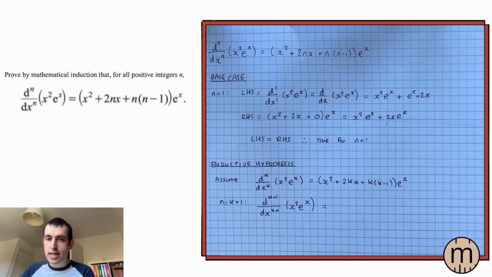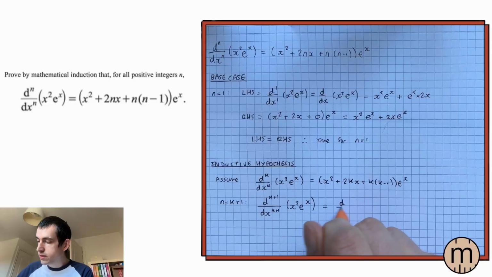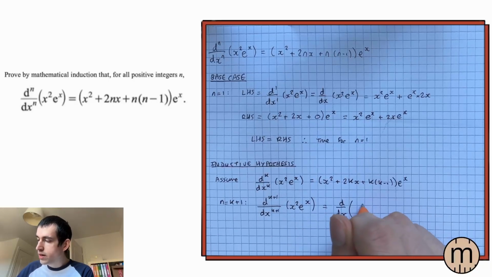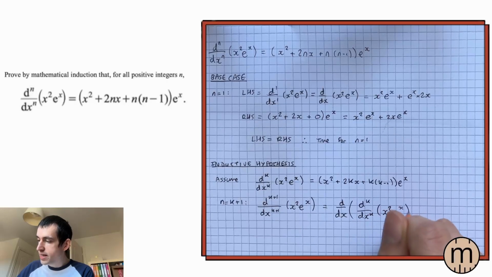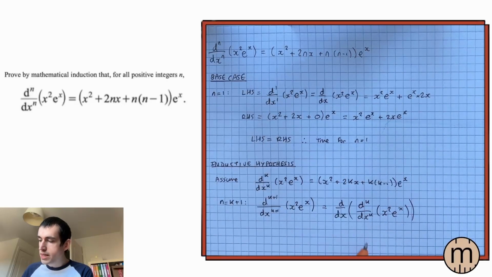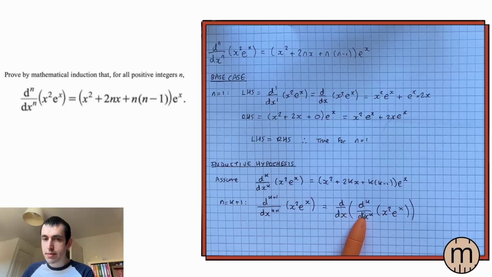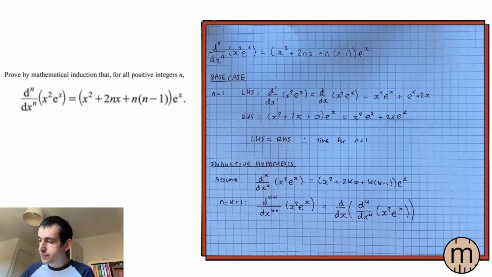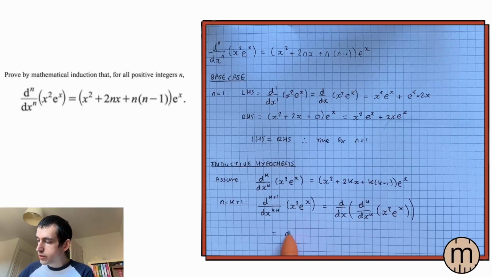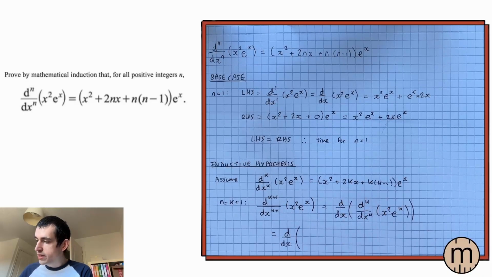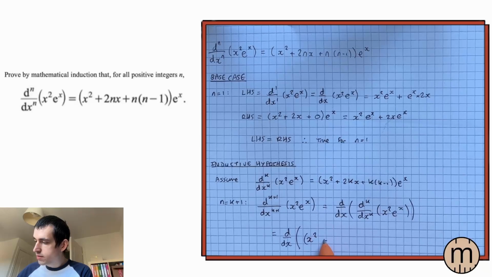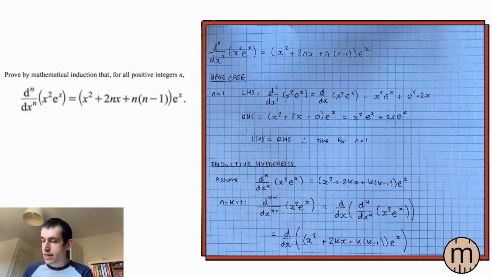And you've got to see this as you are taking the derivative of the kth derivative of x squared e to the x. You might see now why we wrote this as k, because these two are exactly the same. So this will be equal to the derivative of, big bracket please, all of this. So x squared plus 2kx plus k times k minus 1, all times e to the x, like this.